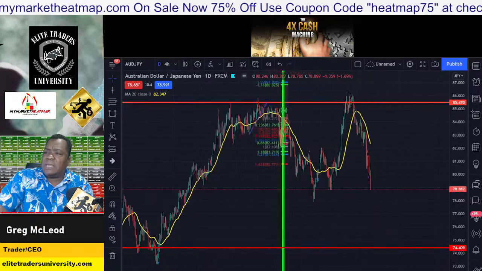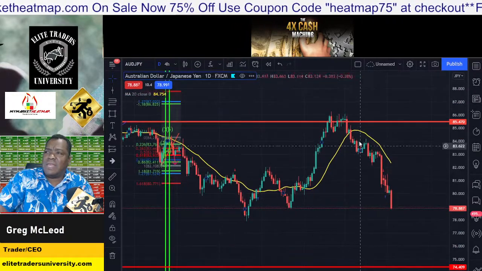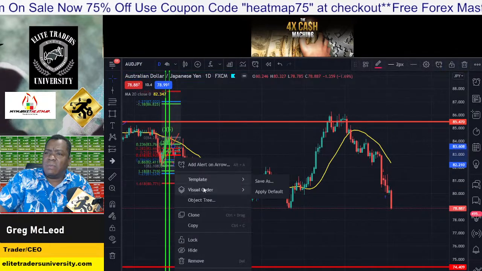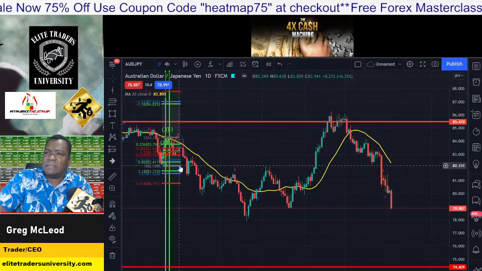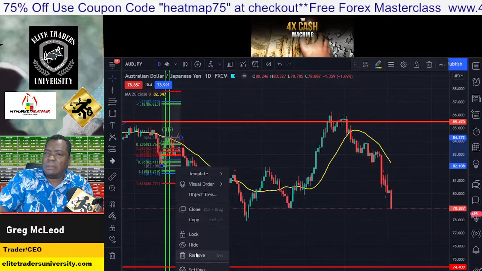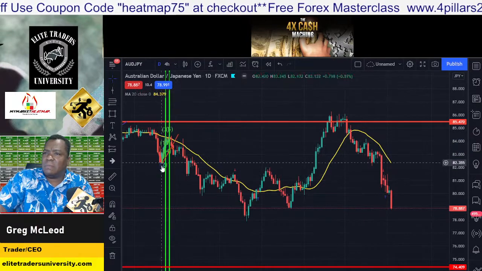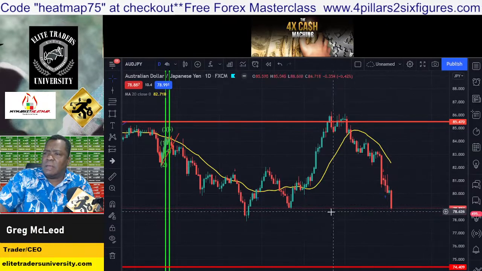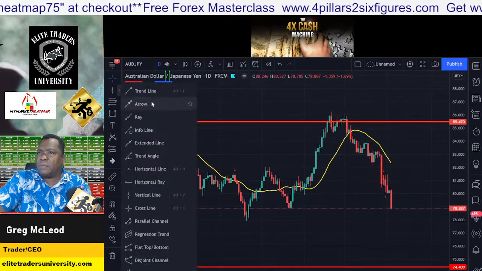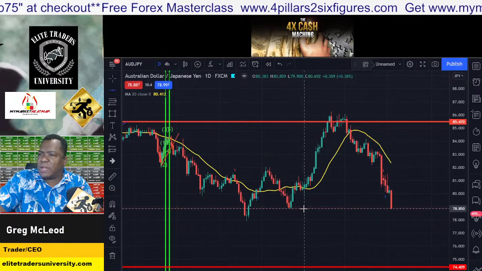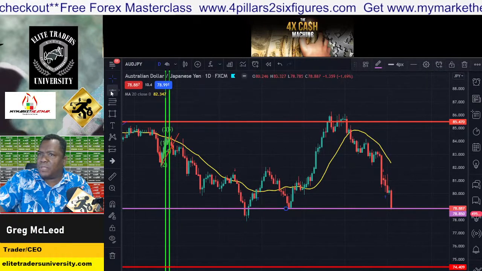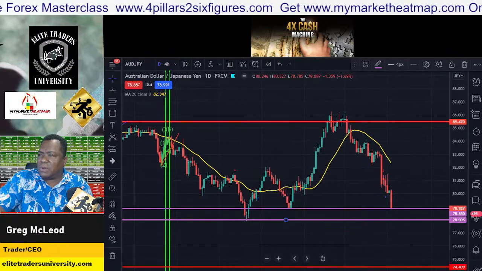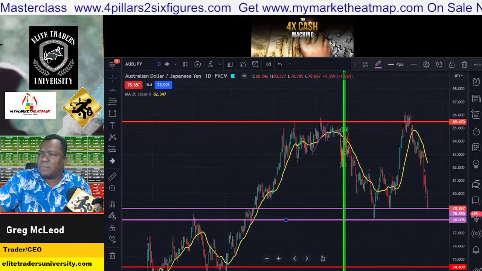And you can see, are things good or bad? All you gotta do is look here, right? Let me remove that. Right, so this is the Aussie yen, but we're coming to support, and again we have the Australian rate announcement coming in, and we have all this support coming in right here, 78.00 to 78.88, right?